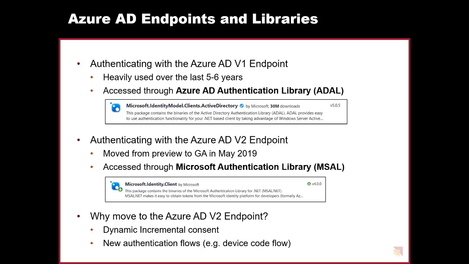And definitely, if you want to get prepared for the certification test, know the new stuff, not the old stuff. Now, what are some of the reasons that we like the V2 endpoint? So the V1 endpoint has a brittle way to allow users to consent.